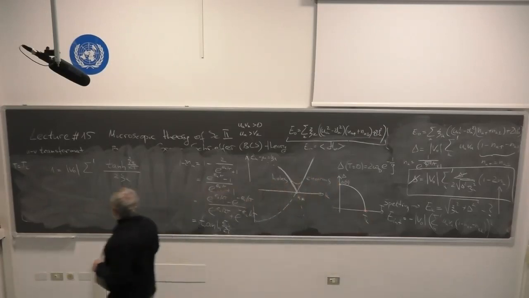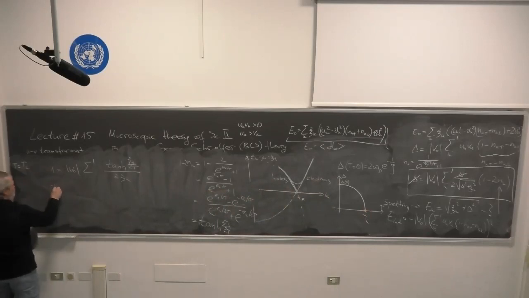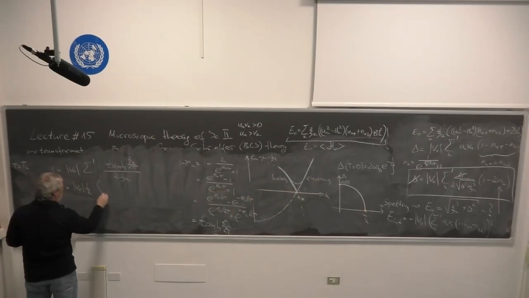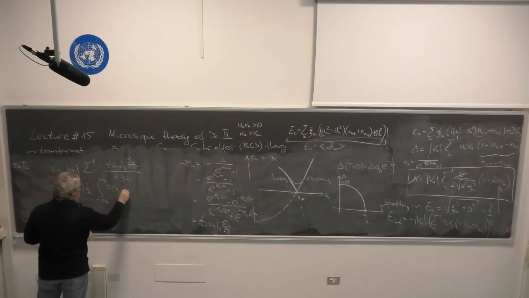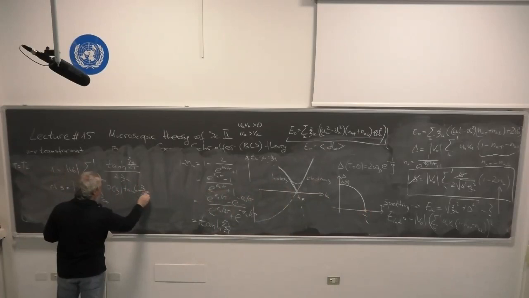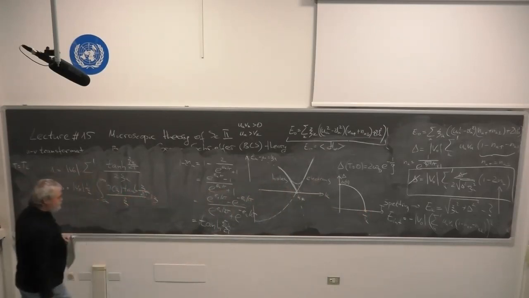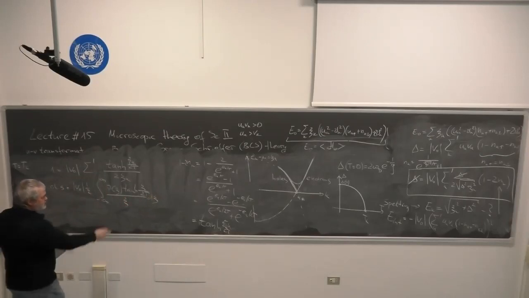So now the right-hand side is equal to V naught times 1/2 integral from minus omega d to omega d, density of states, tanh of ξ over the temperature divided by ξ, dξ. And again, I will replace the density of states by its value at the Fermi energy.